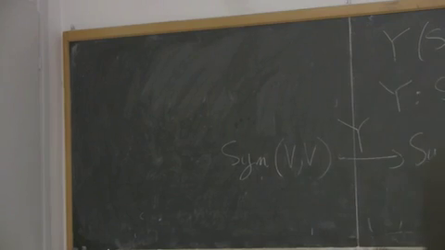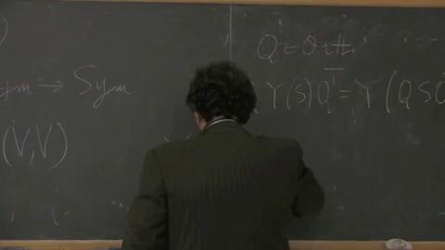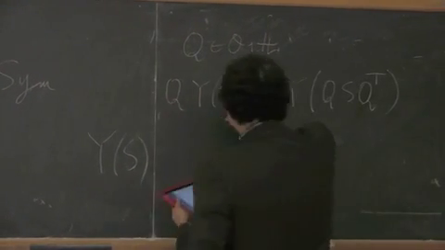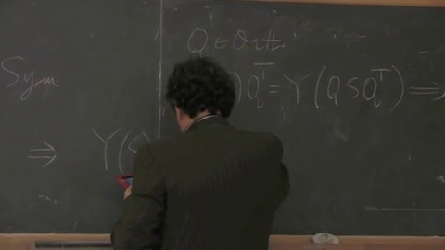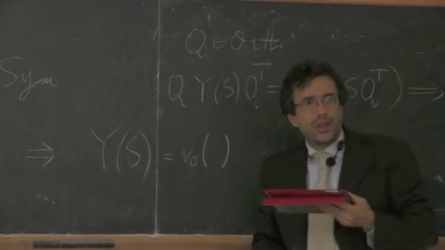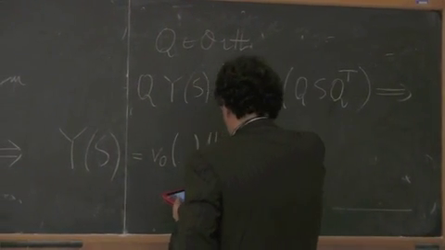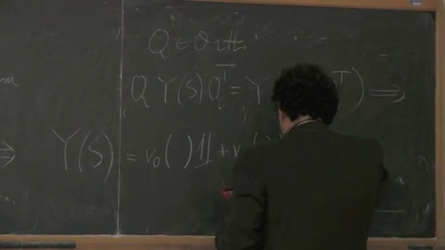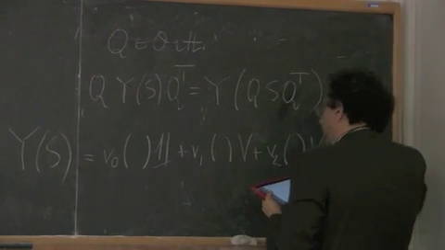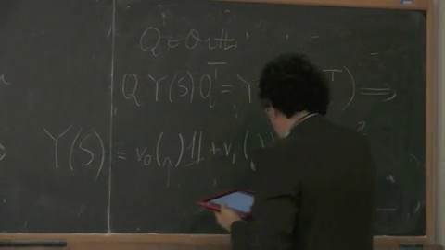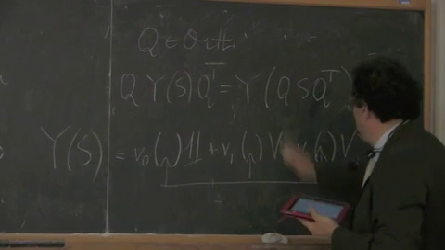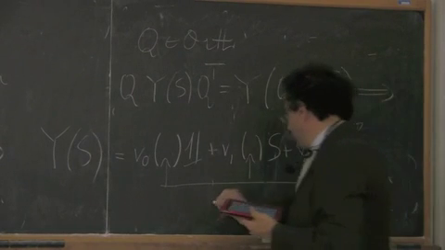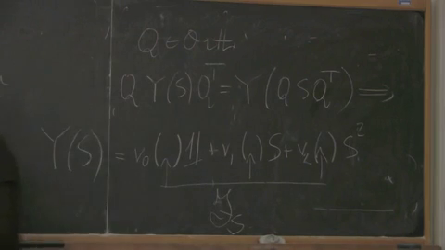Now, what is very powerful and elegant is that, simply because of this assumption, Y of S is equal to a scalar V0, we will tell which are the independent variables of V0, times the identity, plus V1 times S, plus V2 times S squared, and V0, V1 and V2 are functions of the invariants of S. So the first, the second, and the third invariant.